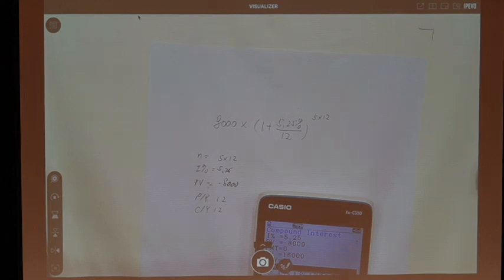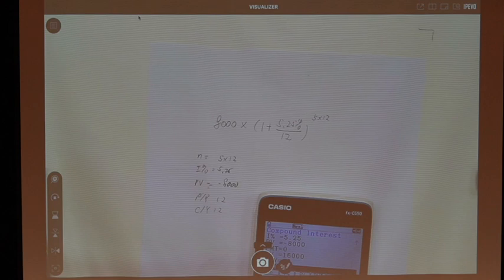Alright, is there any burning question about the calculator? Yes, Chris. Because according to the calculator, when you invest the money, it leaves you. So your amount is minus.